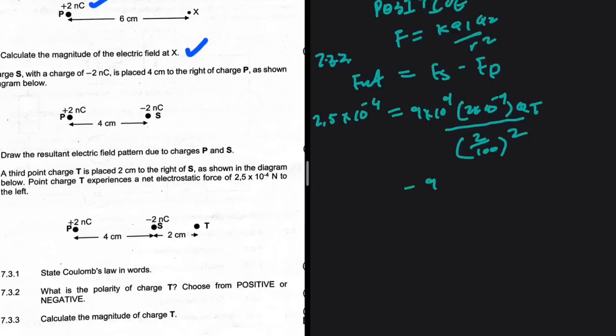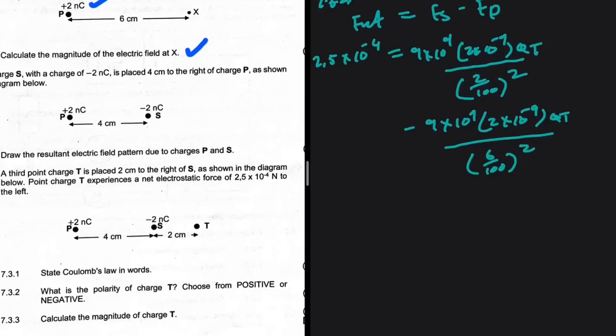And then minus 9 times 10 to the power 9, 2 times 10 to the minus 9. That is the charge of P, magnitude of the charge, rather. And then we have Qt divided by the distance between the two spheres. So it is 4 plus 2, which is 6. So we have 6 divided by 100, squared, right?